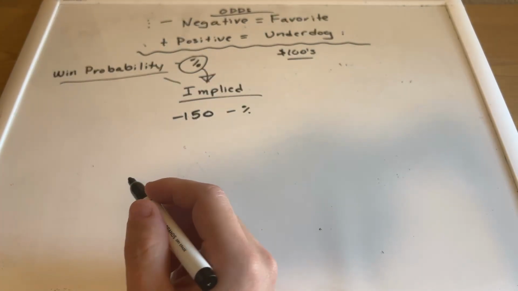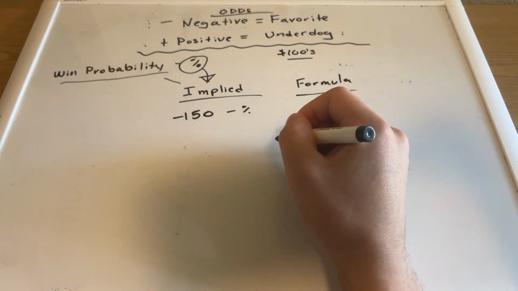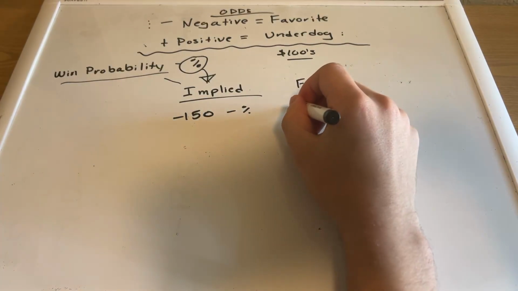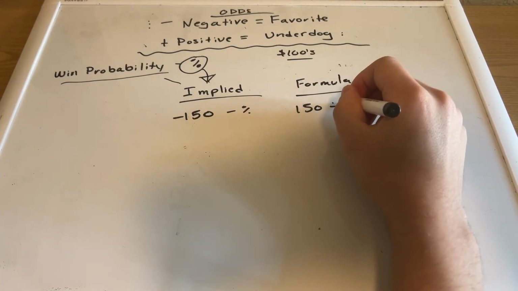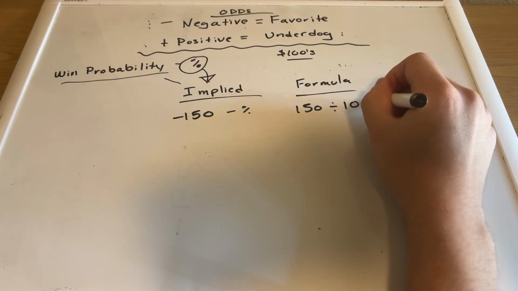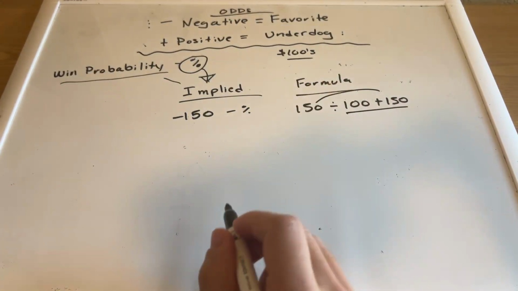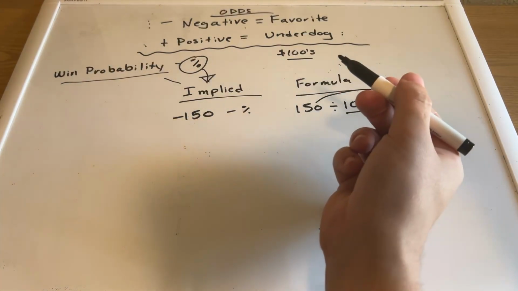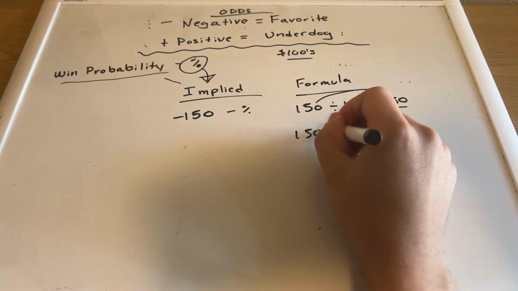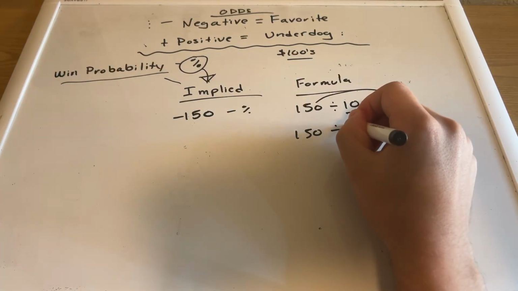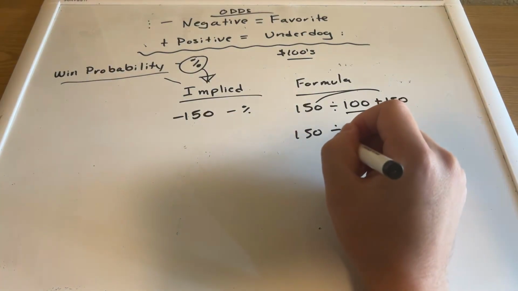So minus 150, the formula to calculate these things is going to be 150 divided by 100 plus 150, since the line is 150. So it would be 150 divided by 250. And that's going to give us our percentage.